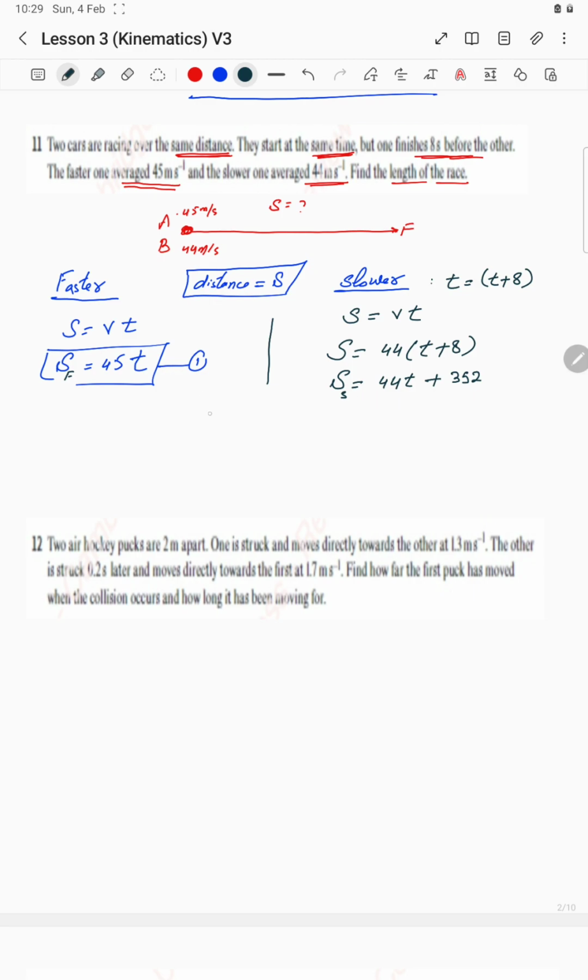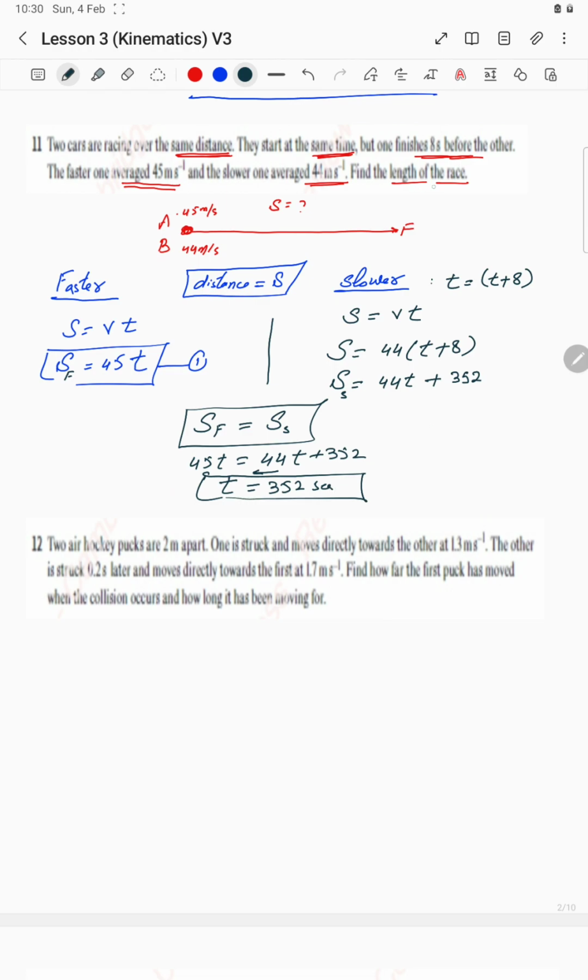So here as S faster and S slower are both equal because they have to cover the same distance, we can equate them. 45T is equal to 44T plus 352. So I can say, taking this to the other side, 45 minus 44 T is 352 seconds. That is the time taken by both cars to cover that distance.